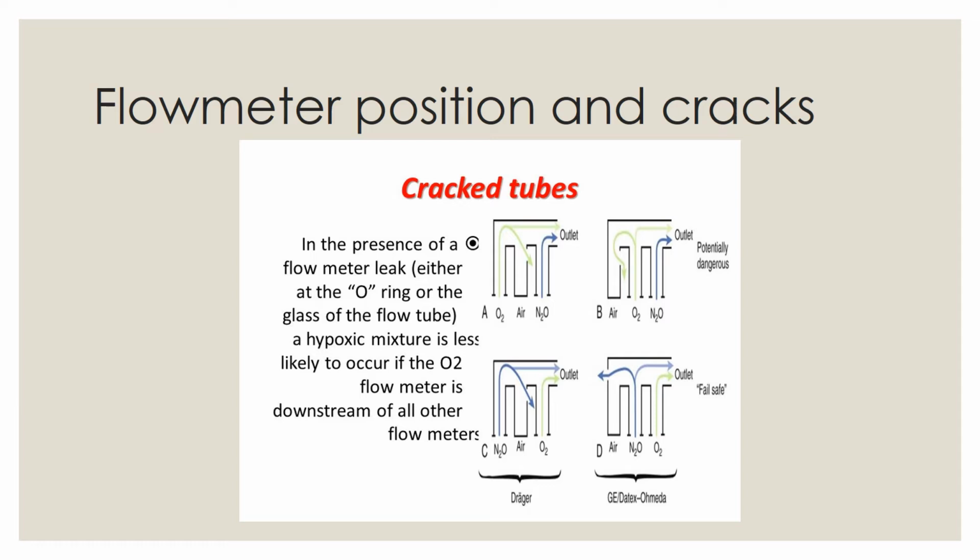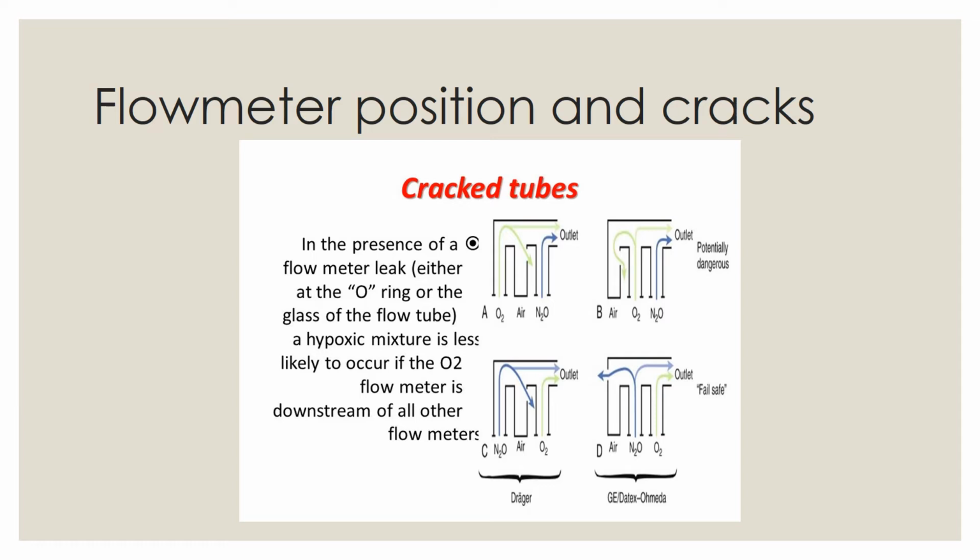You can see in the top left order, where oxygen is the first one in order, if there's a crack in the air flow meter, some oxygen will go out the outlet, but a bunch will escape through the air. If it's second in line and there's a crack in one of them, again, it will also go out where the crack is.